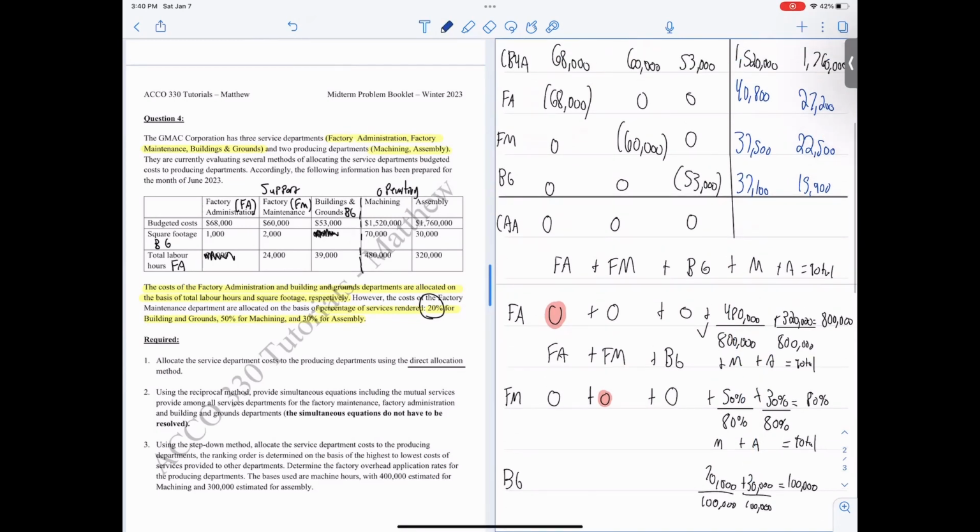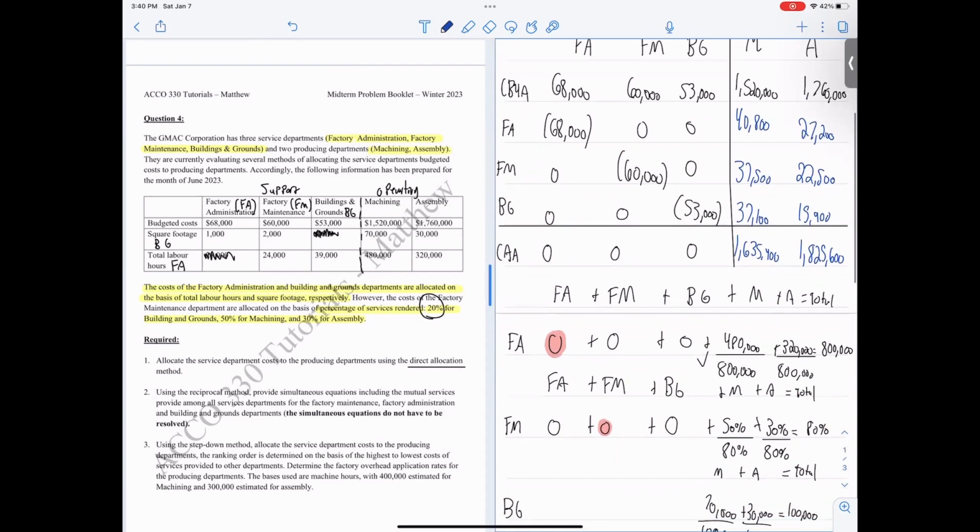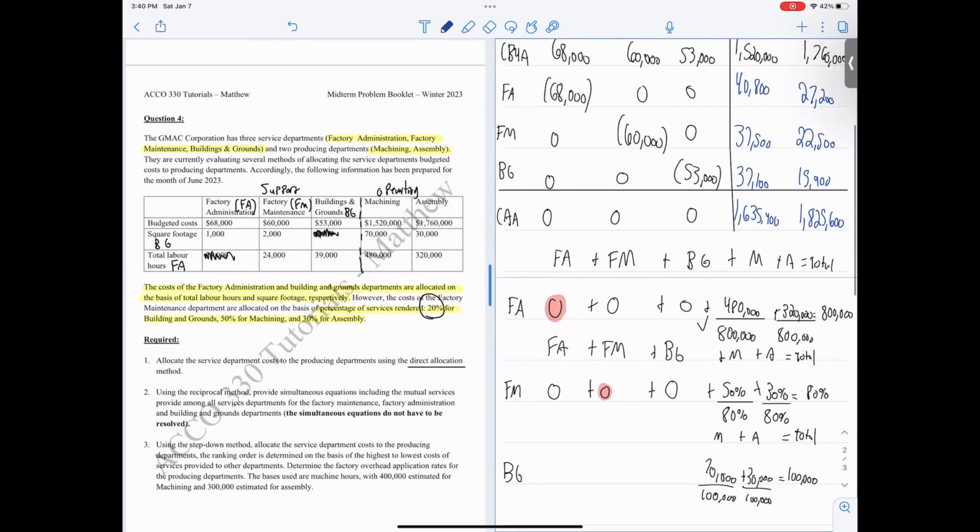And guys, your total cost after allocation for machining is 1,635,400. Then for assembly, it's 1,825,600. And that's your answer to required 1 using the direct allocation method.